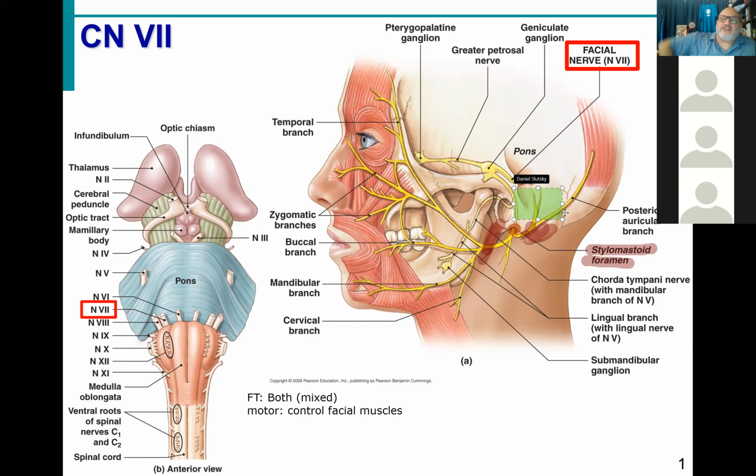And as it squeezes and narrows that opening, it can squeeze the nerve so that it becomes non-functional. And suddenly now basically everything from your eyebrows down, you can no longer move. So you go to smile and only half of your face goes up and the other's just kind of droopy. What did we call that condition again? Anyone remember? The name doesn't ring a bell by any chance?